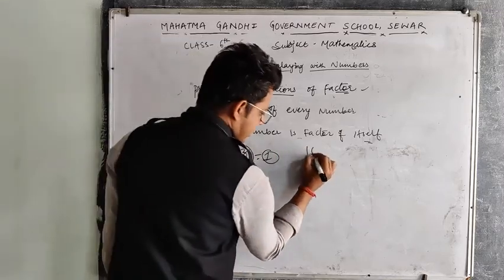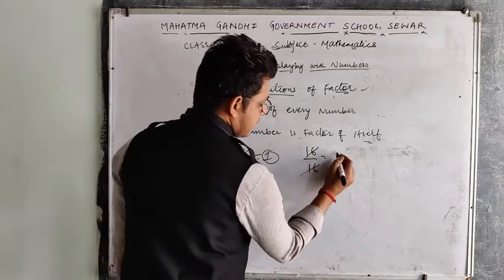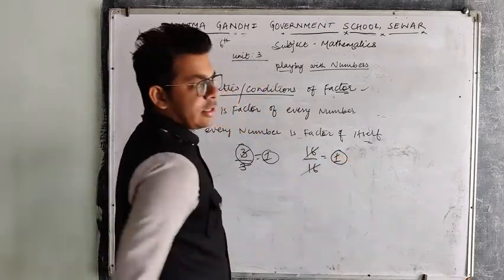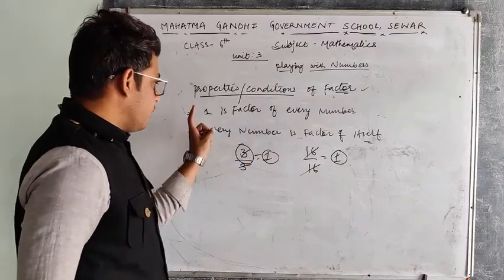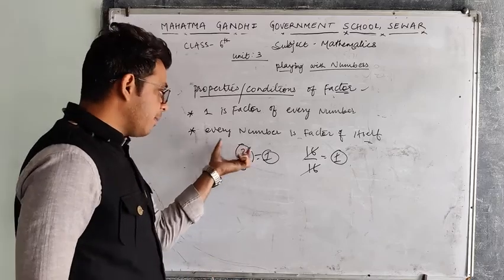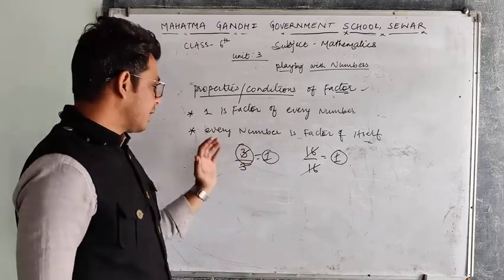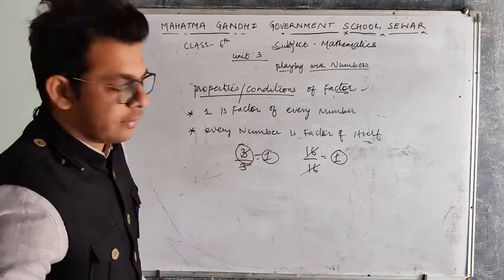If I write 16 and divide this by 16, it is completely divisible by the same number. So first, 1 is a factor of every number, and whatever number we are calculating the factors of, this number is also a factor of itself.